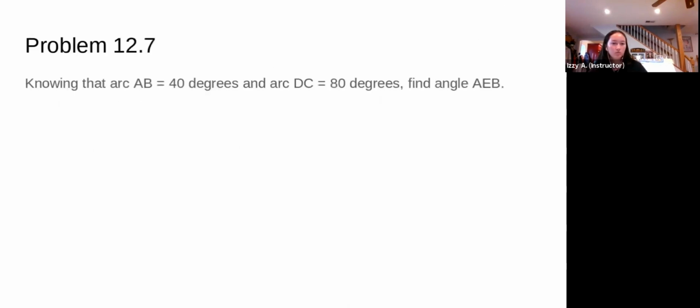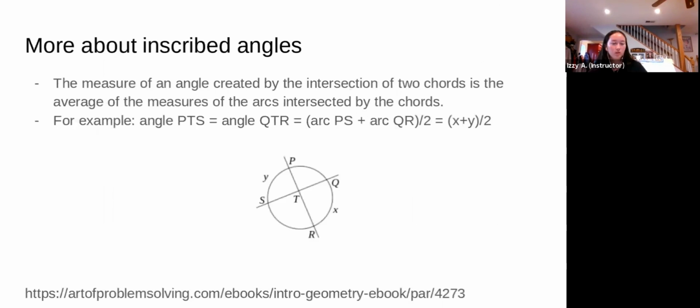Next, the measure of an angle created by the intersection of two chords is the average of the measures of the arcs intersected by the chords.